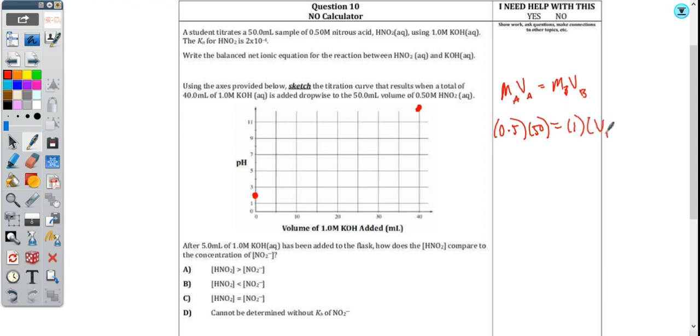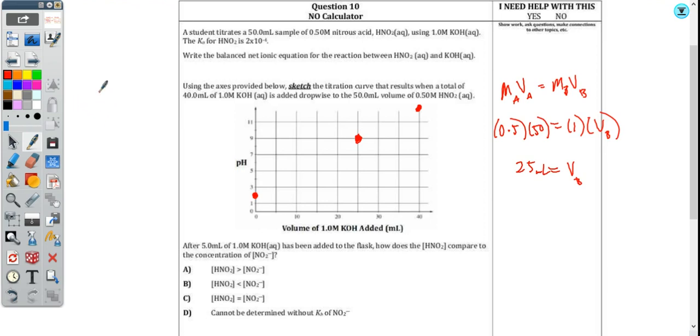So what is the volume of the base added when those moles of the weak acid and added strong base are the same? Where's the equivalence point volume? In this case, 0.5 times 50, a little easier, divided by 1. 25 mL is our volume of the base at the equivalence point. So at 25 mL, it's going to be a basic pH.